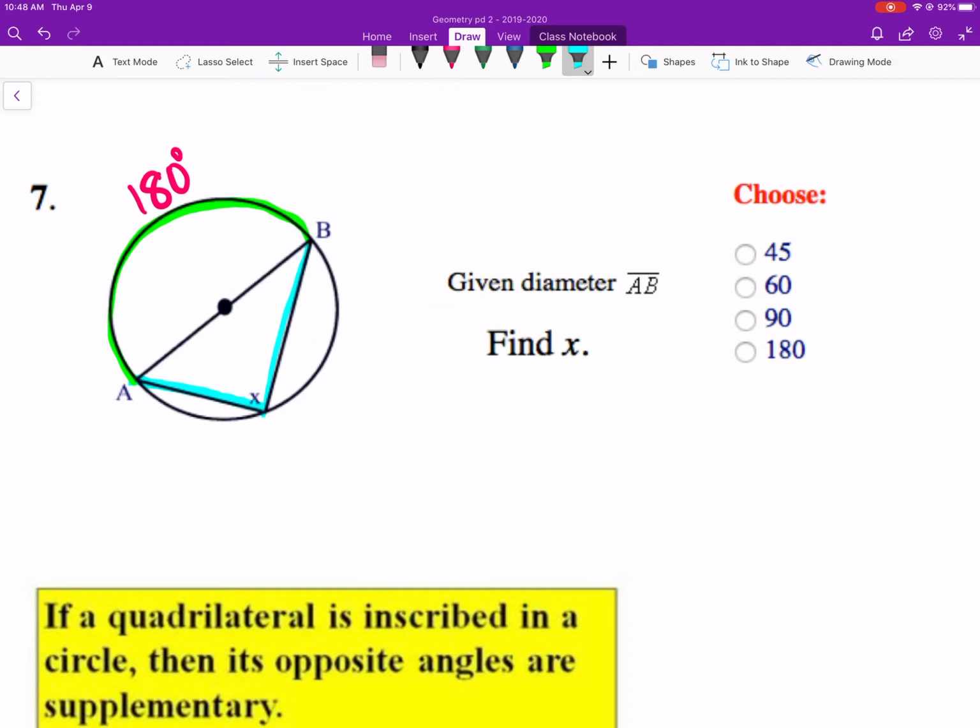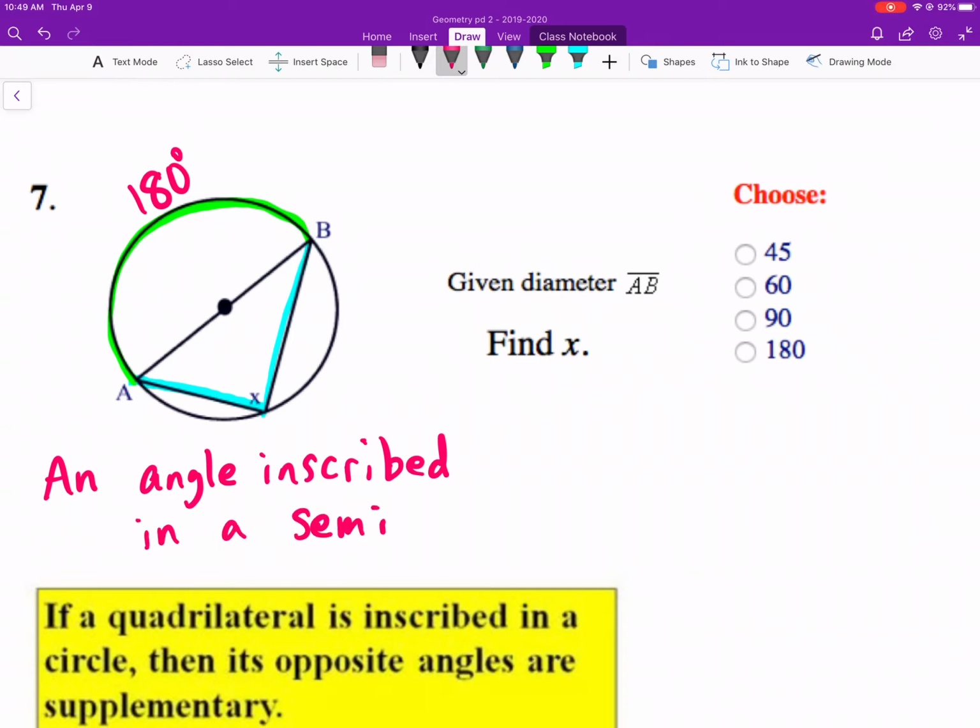So this is called an angle inscribed in a semicircle, and you can Google it. A semicircle is half of a circle. So this angle for x opens up, hits that 180 degree arc, so it's equal to half of the intercepted arc. So 180 degrees is the arc, the angle would have to be 90 degrees.